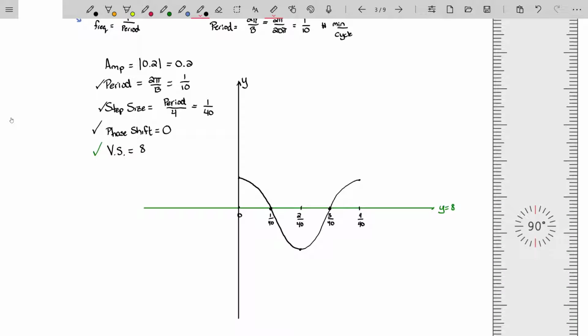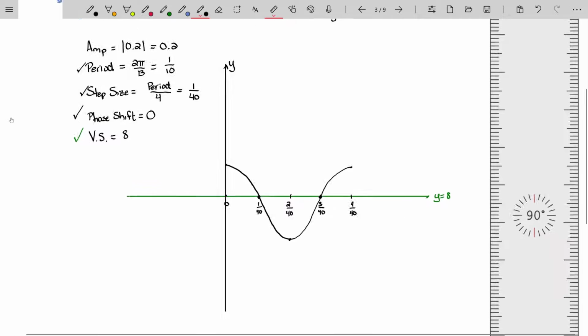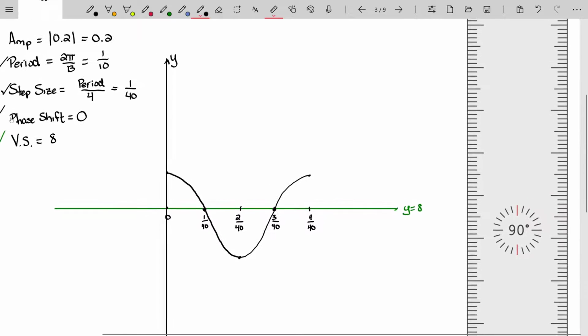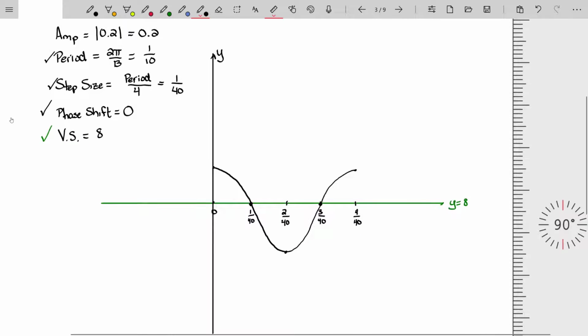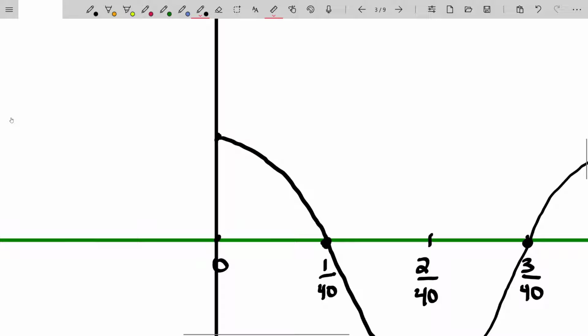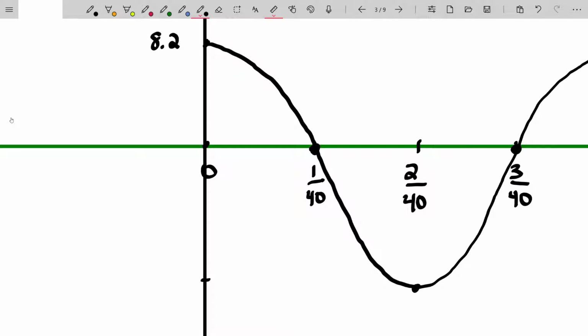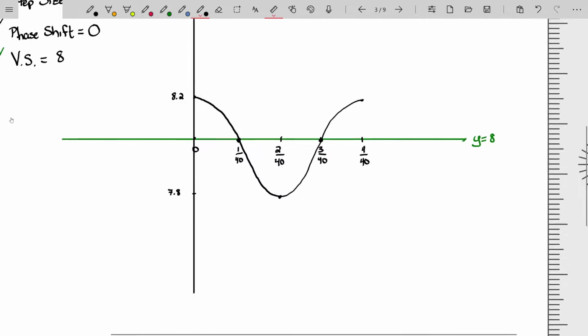We'll label these maximums and minimums. Remember, they vary from the midline, which is at 8, by the amplitude, which is 0.2. So it's 8 plus 0.2, or in other words, 8.2 is the maximum, and 8 minus 0.2, which is 7.8, would be the minimum.